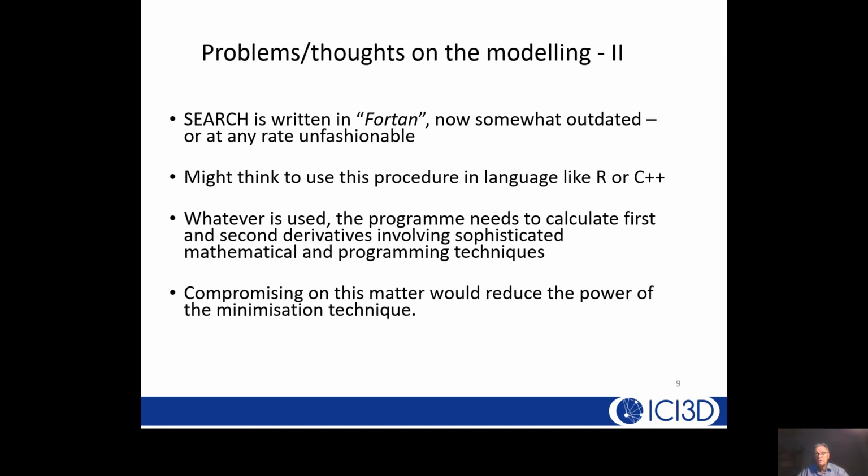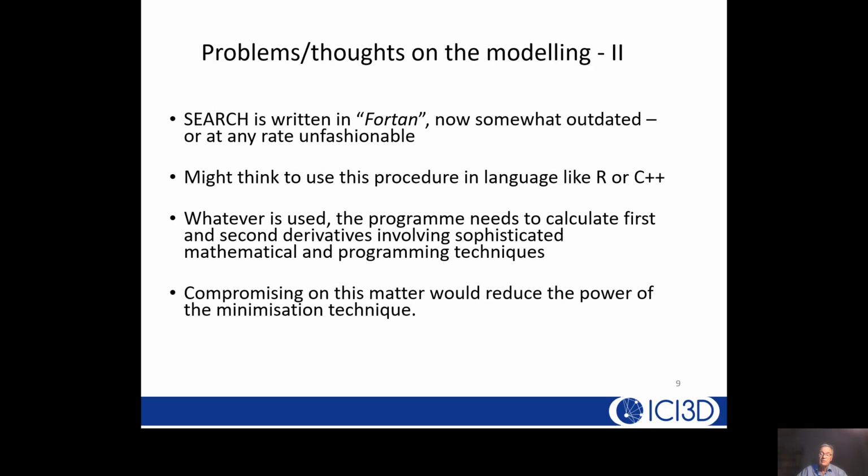Just a final thought on the actual modeling. As I say, the search was written by somebody at UCLA, indeed in the late 1970s and the 80s, in Fortran, which is now somewhat outdated, or at any rate unfashionable. So you might want to think in terms of using more modern languages like R or C++ to do your modeling.